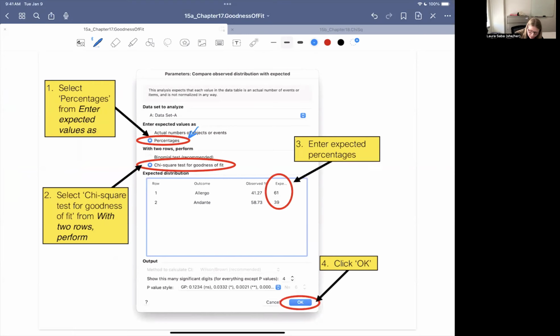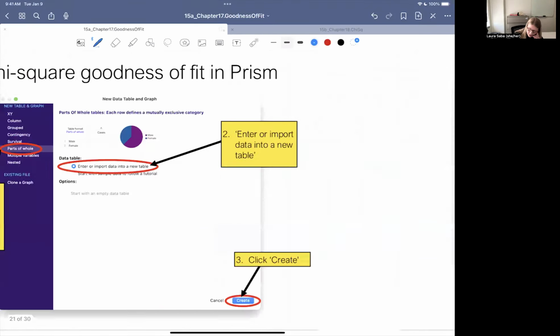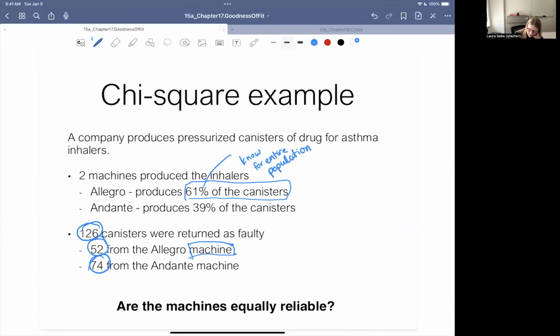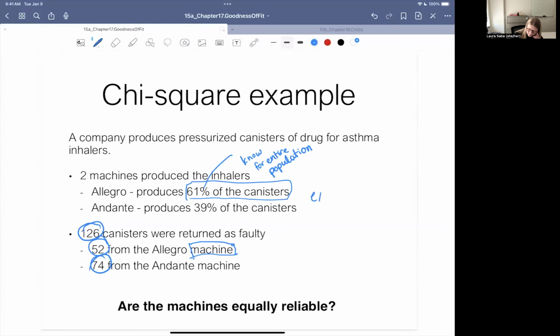And we're going to do a chi-square test for goodness of fit. Again, this is what the book starts out with, so this is what I'm showing you. We will get to binomial tests in a minute, which is recommended over this chi-square test of goodness of fit. I put in my expected values based on the text, remember? These are my expected values right here.